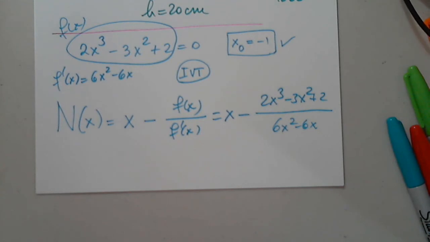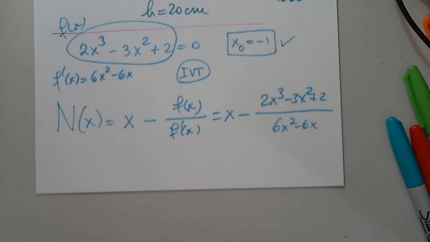So in y equals, clear, and just enter x minus, parentheses for the top, please, 2x cubed minus 3x squared plus 2. That's the function, divided by, in parentheses again, 6x squared minus 6x.